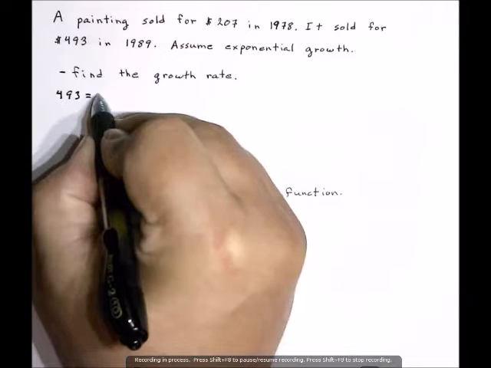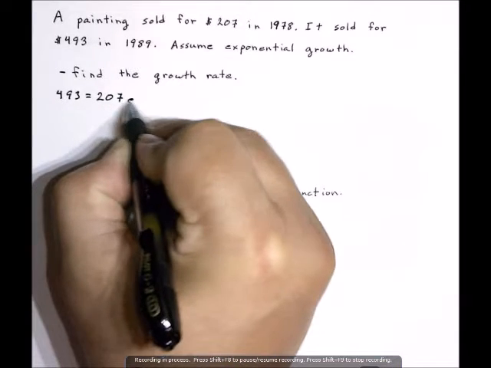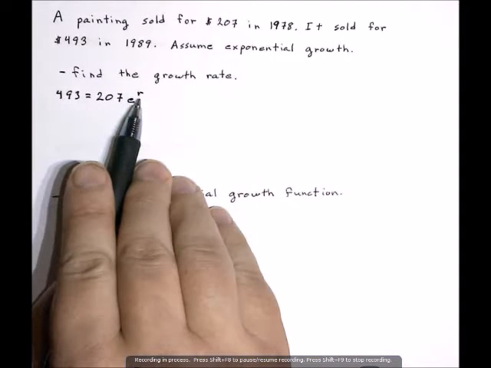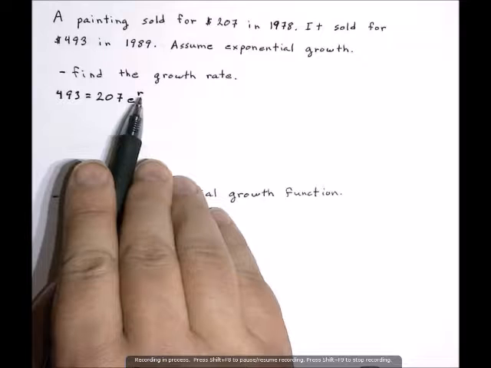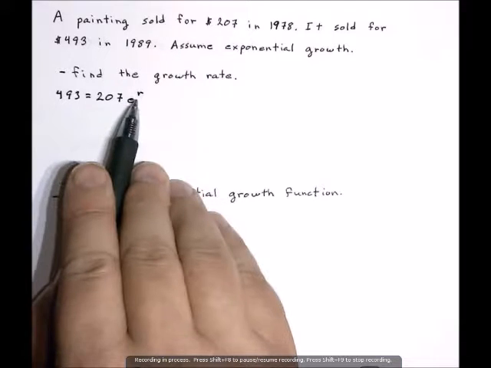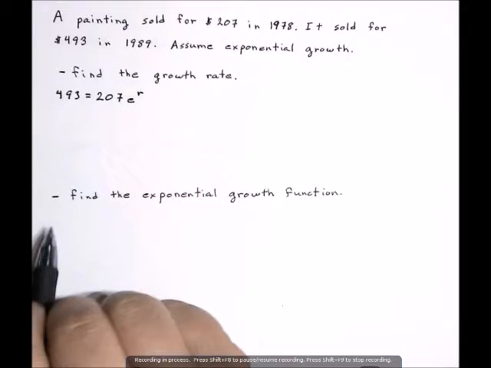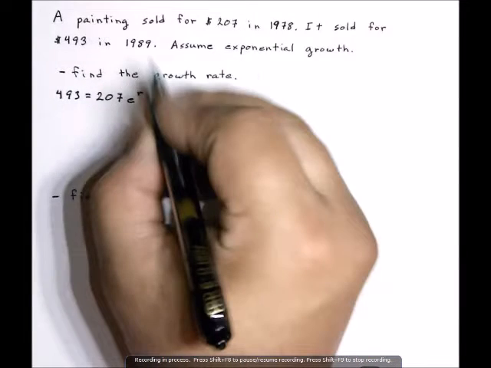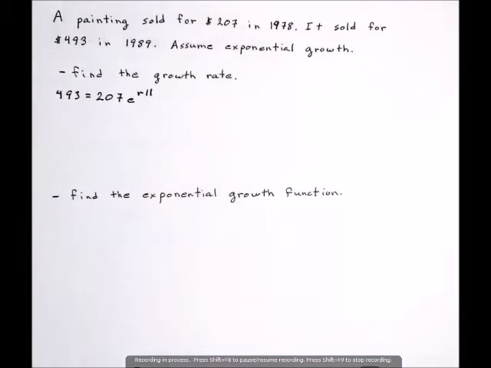The initial amount is 207. We're trying to find the rate. And for some reason in these problems, they generally call it K. I'm going to stick with R. It shouldn't be too hard for you to switch back and forth. And the time, which is the amount of time between 1978 and 1989, or 11 years.